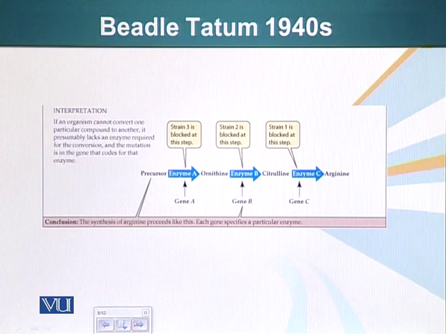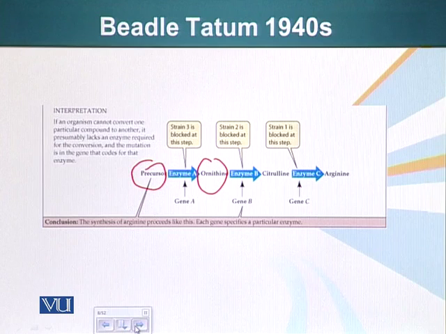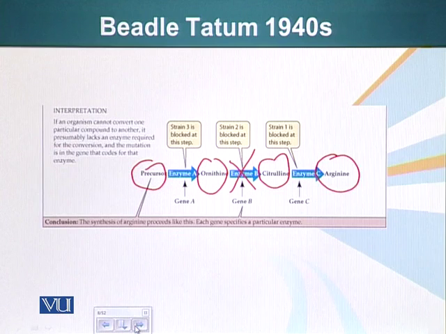Here you can see there is a precursor molecule which is converted first into ornithine by enzyme A coded by gene A. Ornithine is then converted into citrulline by enzyme B, and then citrulline is ultimately converted into arginine by enzyme C. So if the strain had a mutation here, it could not convert ornithine into citrulline, and then we would need either citrulline or arginine to grow these mutant strains.